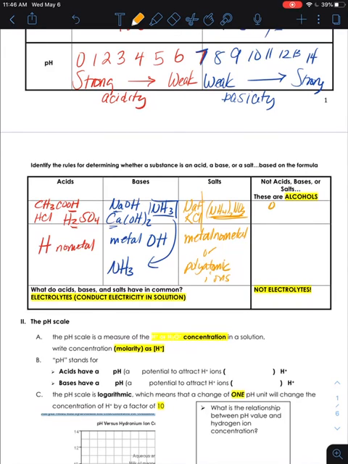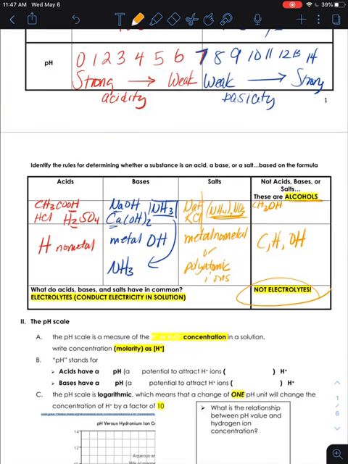So anything that ends in OH but is a hydrocarbon is going to be considered an alcohol. So alcohols can be found on your organics table, which I believe is table R, but don't quote me. So these are considered non-electrolytes. Anything that has CH and an OH are considered at the end.